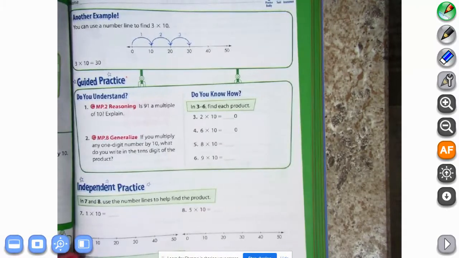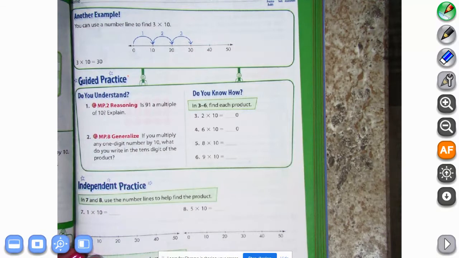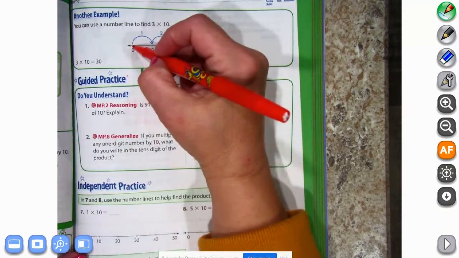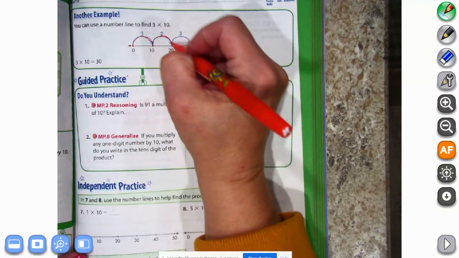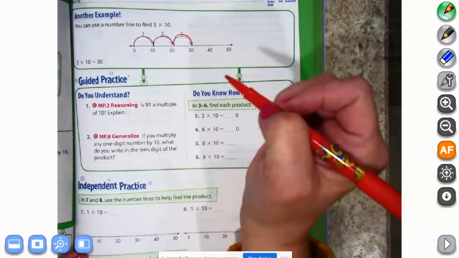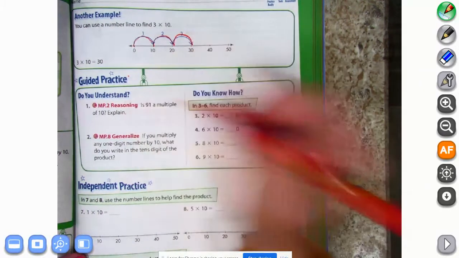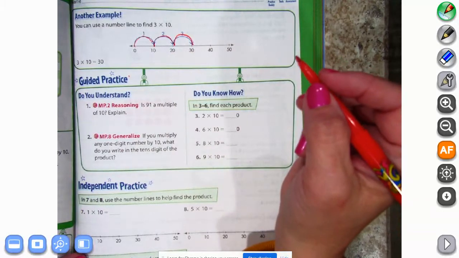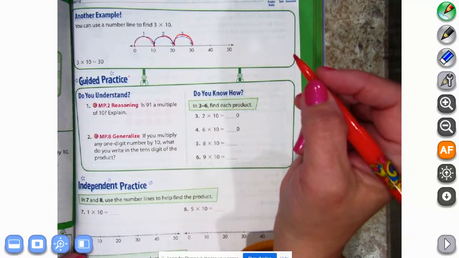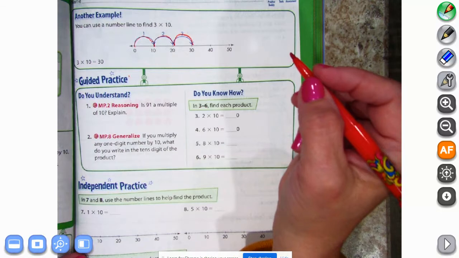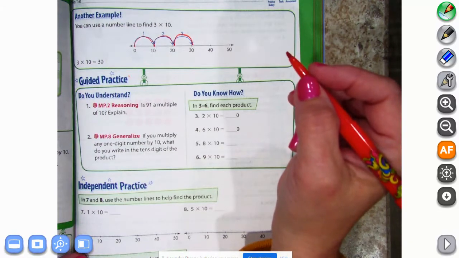It says you can use a number line to find 3 times 10. We start at the 0, we go 10, 20, 30. 3 times 10 is 30. Let's look at number 1. Is 91 a multiple of 10? Do you say 91 when you're counting by tens?